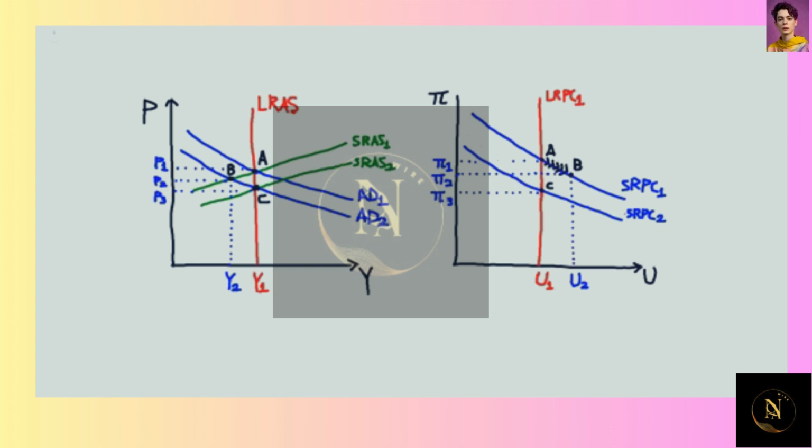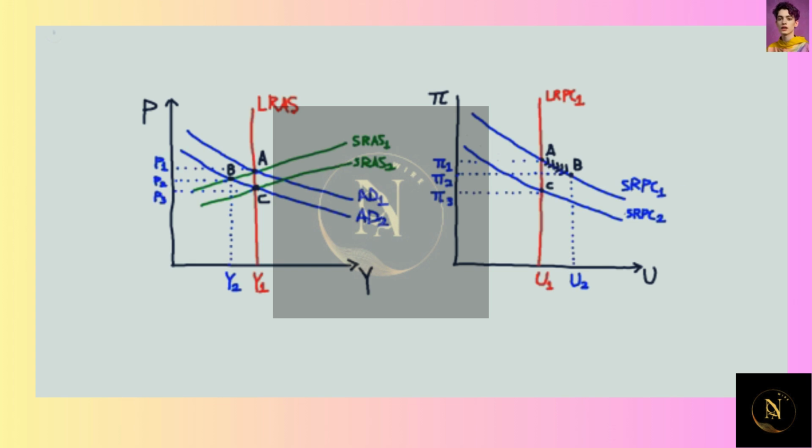Now, as far as the short-run Phillips curve is concerned, we've drawn the diagram on the right. On the x-axis, we have the unemployment level U. The y-axis is the inflation rate, which I denote with the Greek letter pi. The long-run Phillips curve is always vertical, and the economy is at the short-run Phillips curve, SRPC1. So let's think about it.